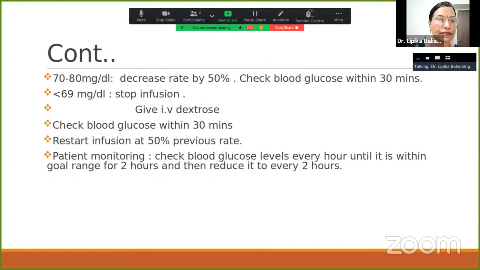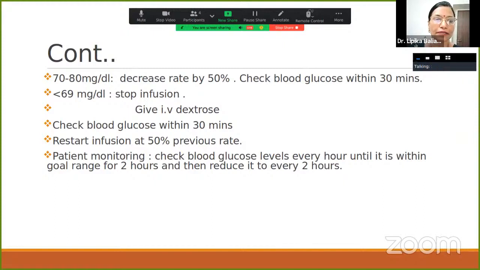Anytime we see that the level has fallen below 69 milligram per deciliter, we have to stop the infusion and give IV dextrose. We have to keep on checking the blood glucose level within 30 minutes, and start the glucose infusion again to prevent hypoglycemia.